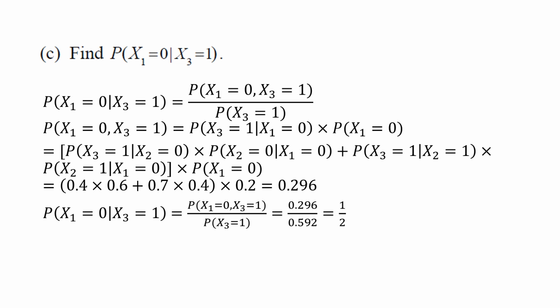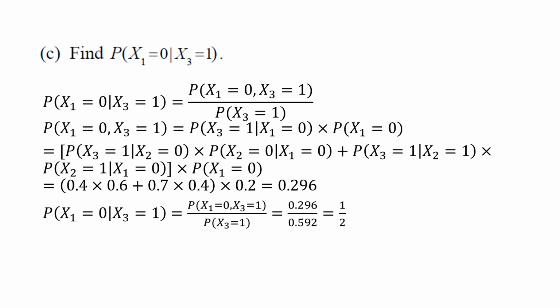We can divide it into cases using x2: the probability of x3 equals 1 given x2 equals 0 times the probability of x2 equals 0 given x1 equals 0, plus the probability of x3 equals 1 given x2 equals 1 times the probability of x2 equals 1 given x1 equals 0, and times the probability of x1 equals 0.